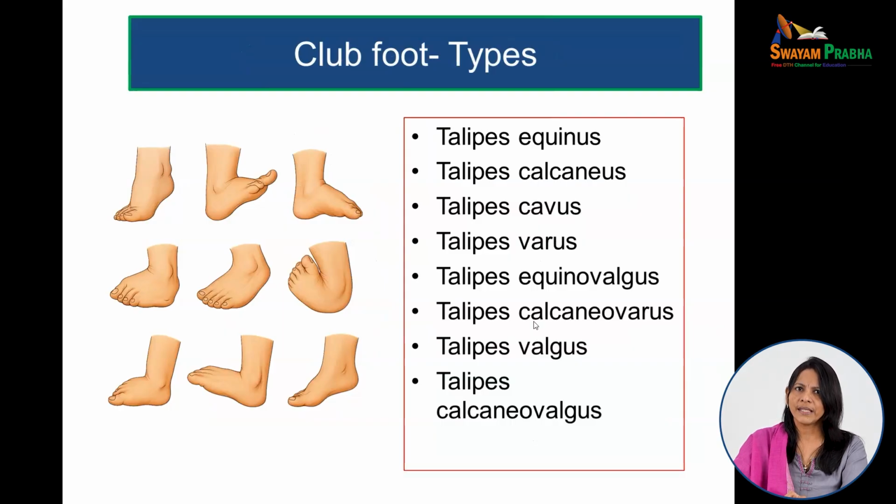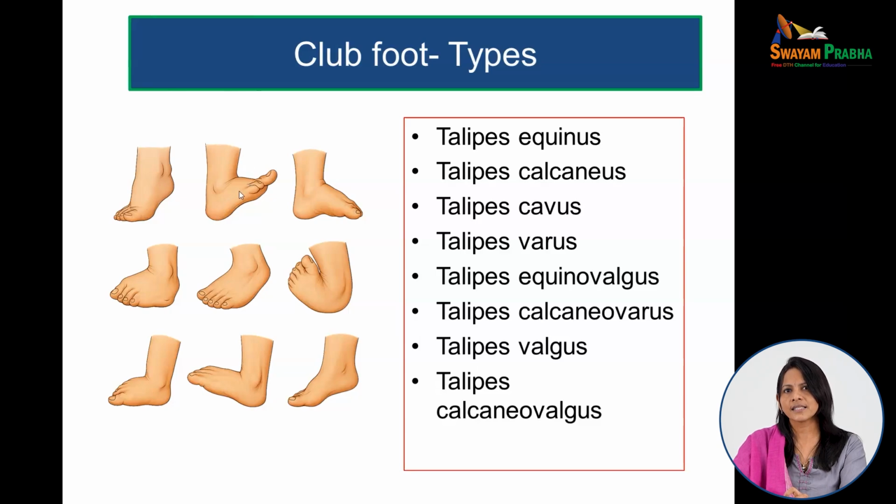As I told you, there are many types depending on the position of the foot. Now, if you see the equinus, the toes are placed on the ground and the heel is elevated, and this is a typical position of a horse, equine. So equine means horse, that is why this position is called talipes equinus.